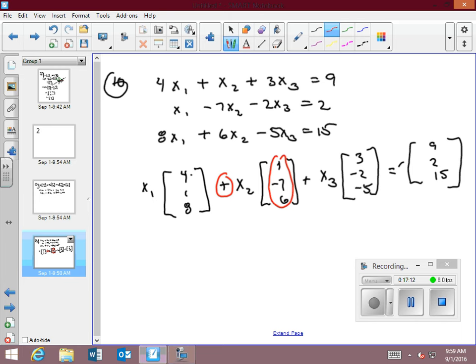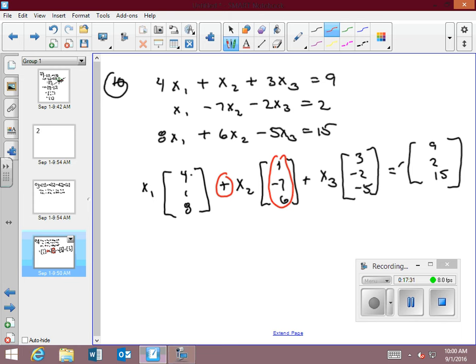Now, in 11 and 12, it says determine if b is a linear combination. So all we're going to do is take those vectors and put them in an augmented matrix and then set it equal to b.